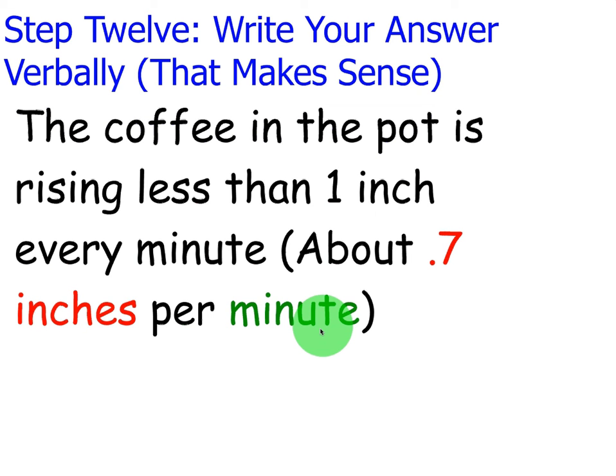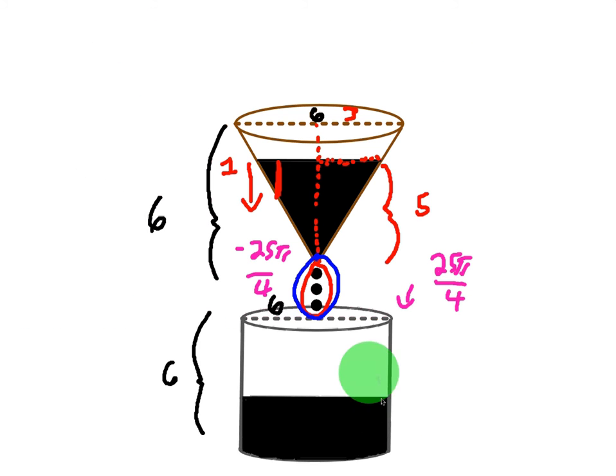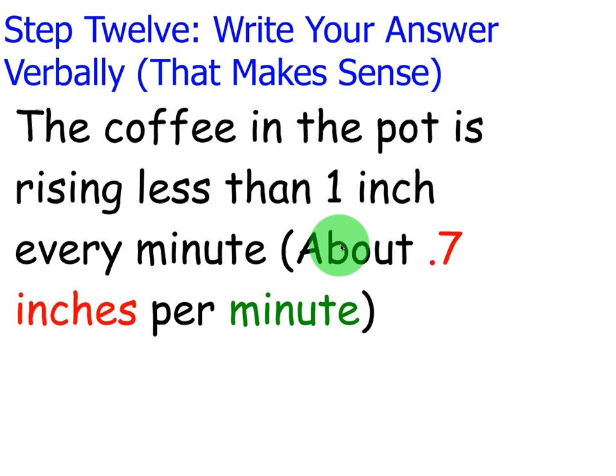Okay, and that's going to answer this question. If you were to sit here and watch at this particular point in time, it won't even be rising an inch in a minute. So again, we just want to write the sentence out that makes sense to the average person, and we've done that with this question. That's step 12, writing an answer that makes sense.